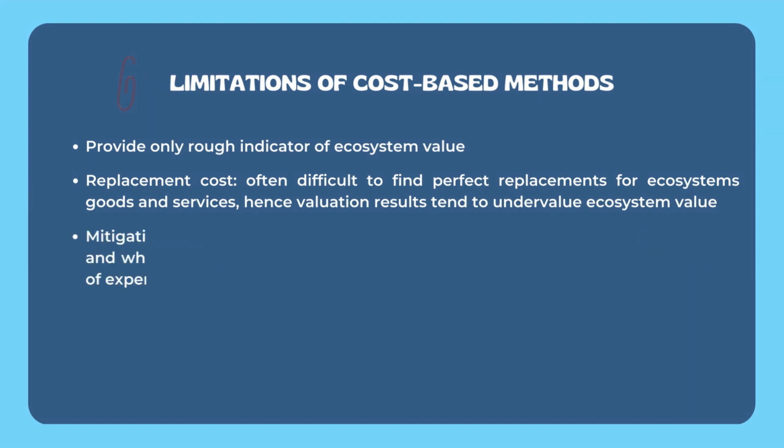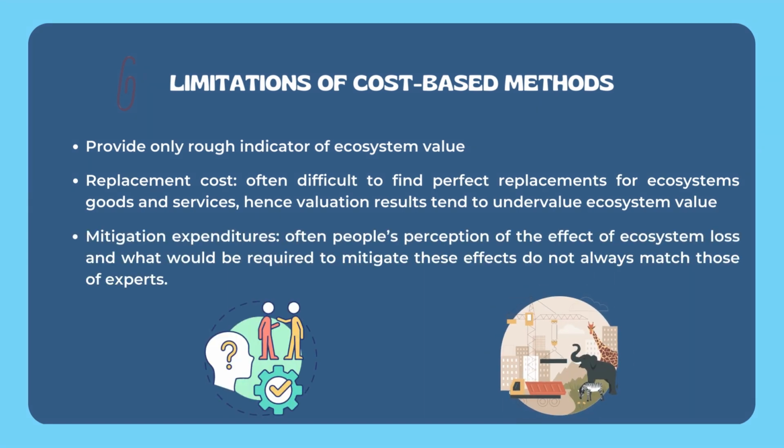Now, when I talk about mitigation measures or expenditures, often local people's perception of the effect of ecosystem loss, and what they would require to mitigate these effects, is not always matching that of experts. So in this case also, it will be a limiting case.